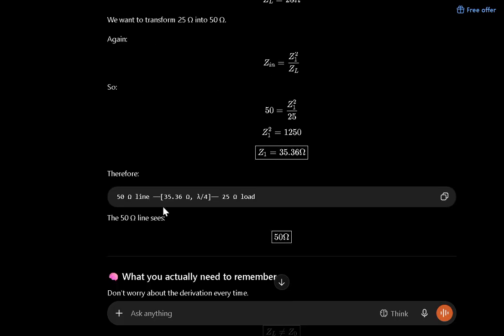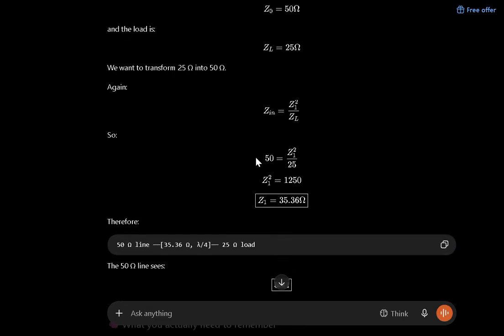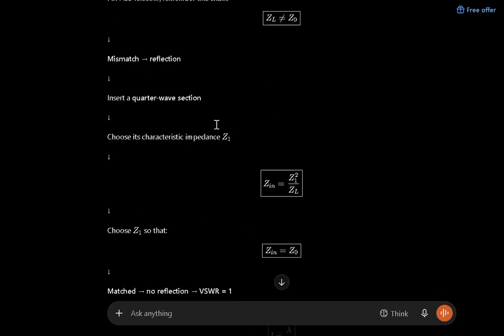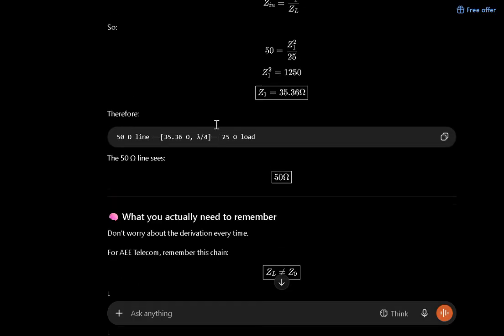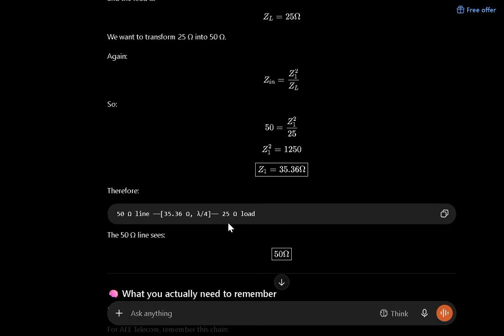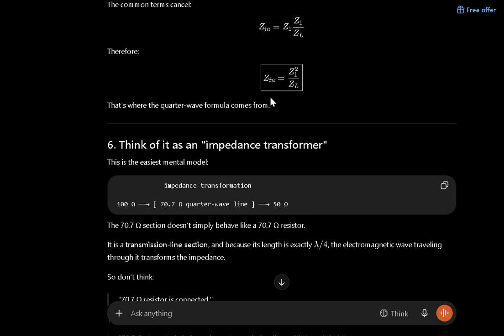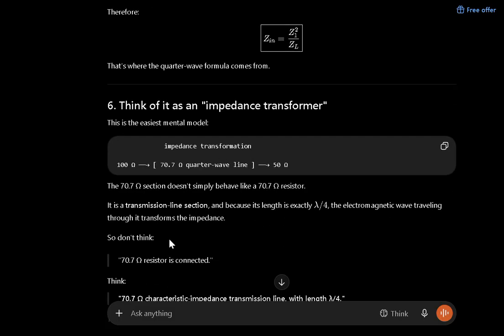So 50 ohm line, 35.36 ohm section, 25 ohm load. Here also, if we take 70.7 plus the load, we can tell it gives some impedance.